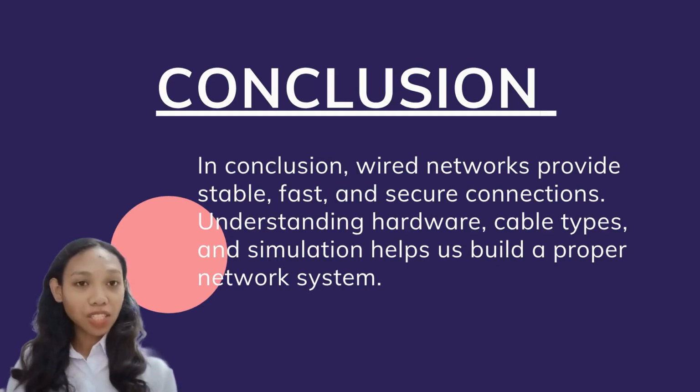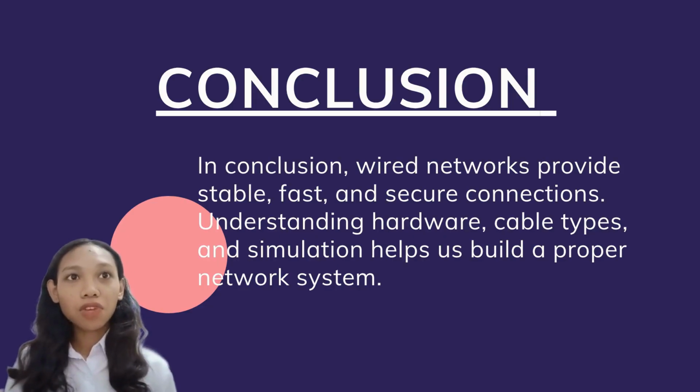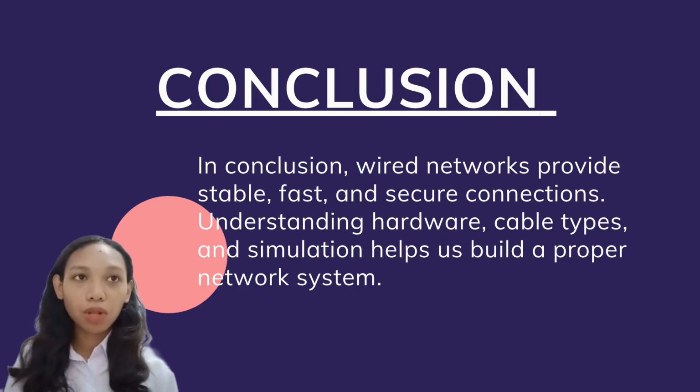Throughout this presentation, we have learned not only the basic concept of wired networks, but also the important roles of network hardware, the differences between types of Internet cables, and how each component contributes to overall network performance.